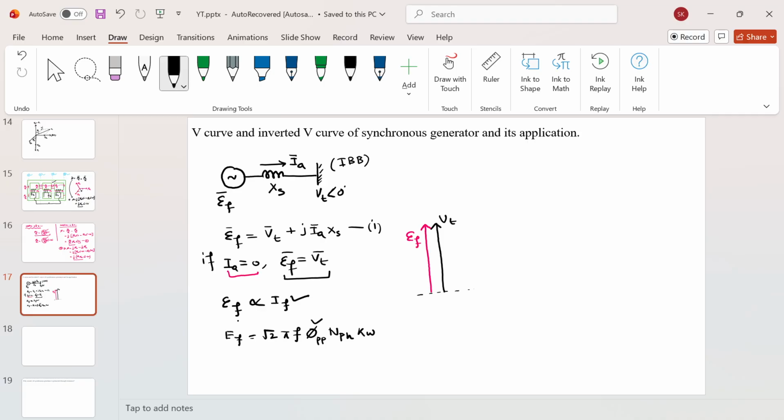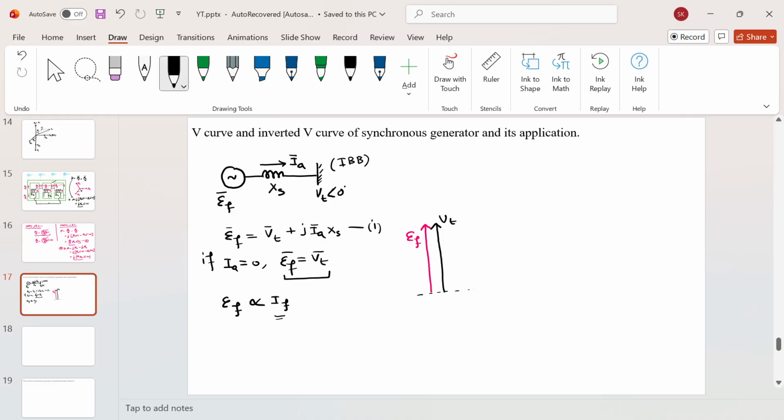So that's why I'm writing EF is directly proportional to IF. Okay. Now even though there is no armature current, you still have this EF. Okay, so to set up this EF, you definitely need some kind of field current, right or wrong. To maintain this EF, we definitely need some non-zero value of IF.